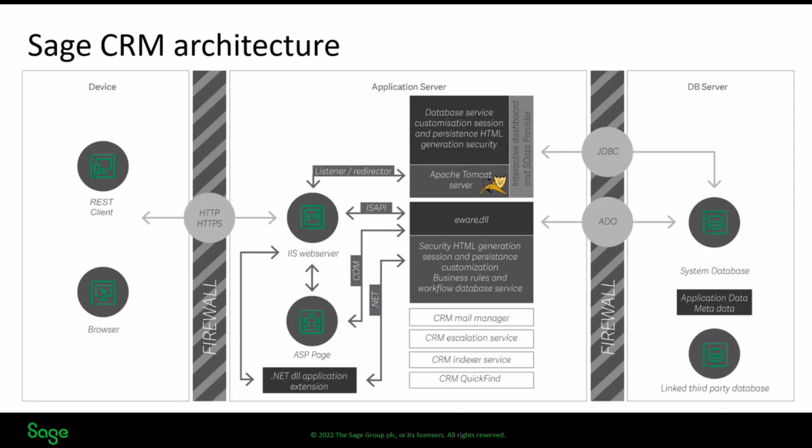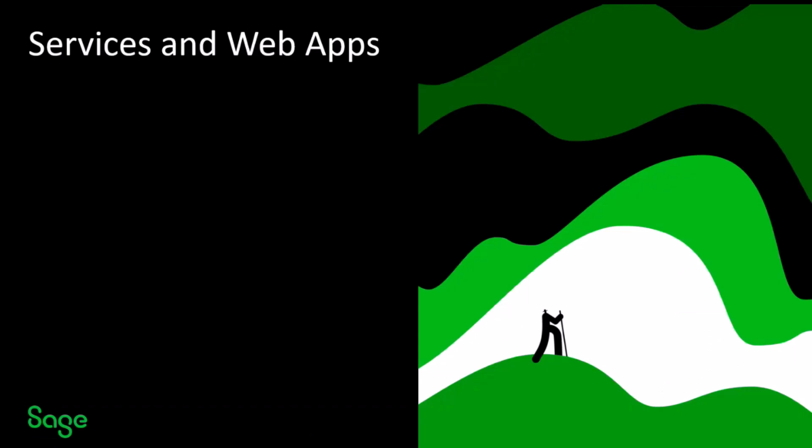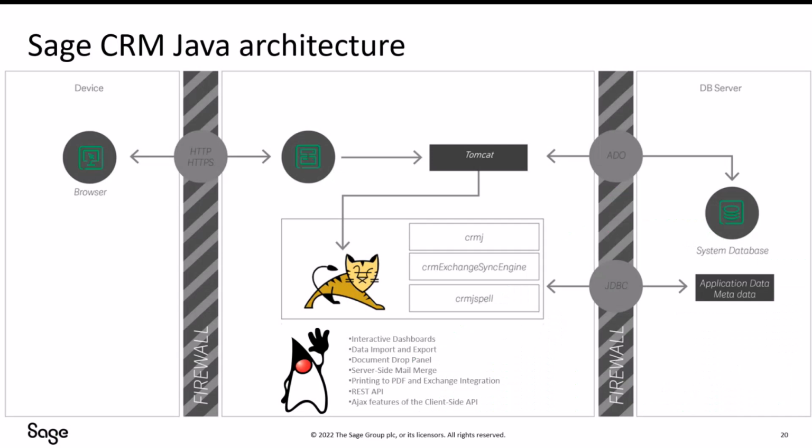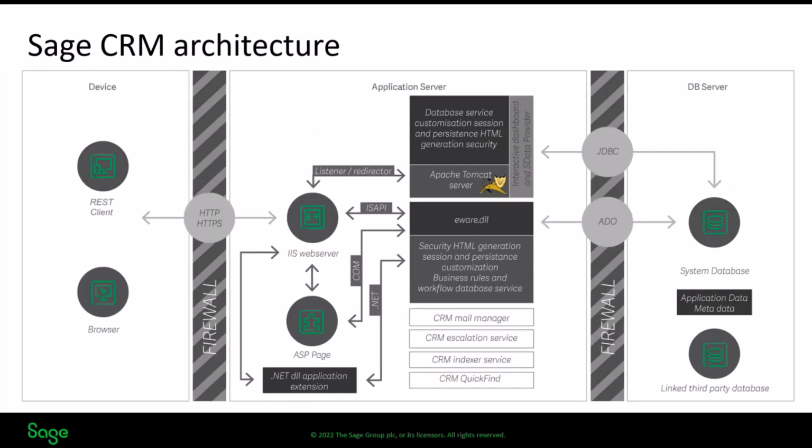Although everything goes first of all to the IIS API, it is redirected through and handled by the Java side of the system. All of them are sharing the same business rules defined within metadata. So there's no difference in the functionality on the sides. There's no catching out on different behavior in terms of security. Everything is bridged across, so it's matched.